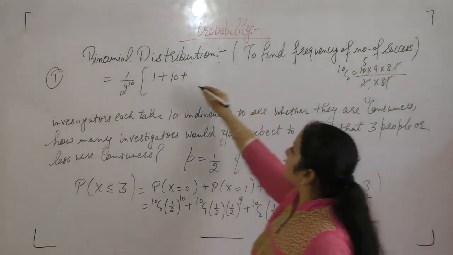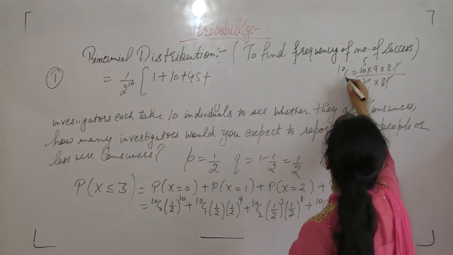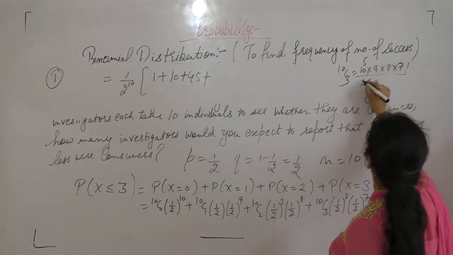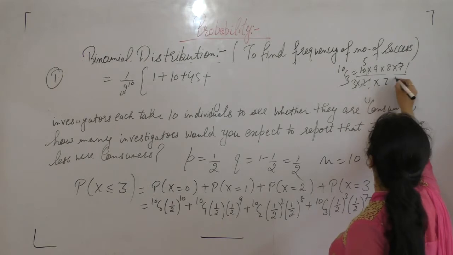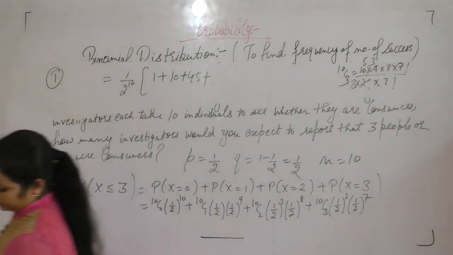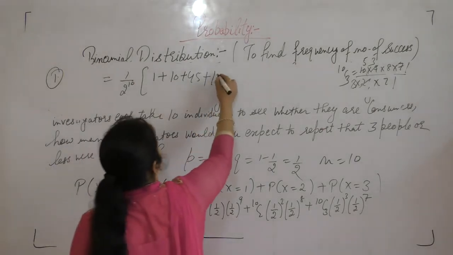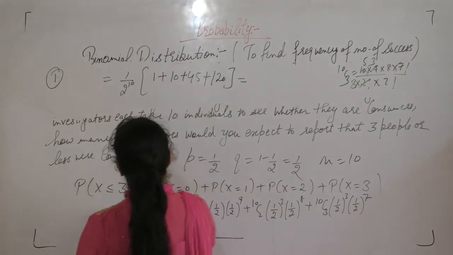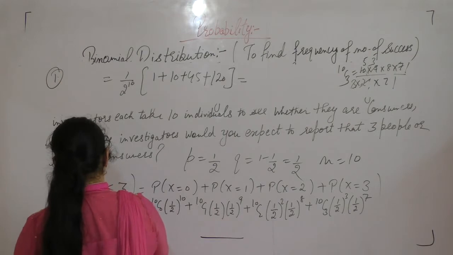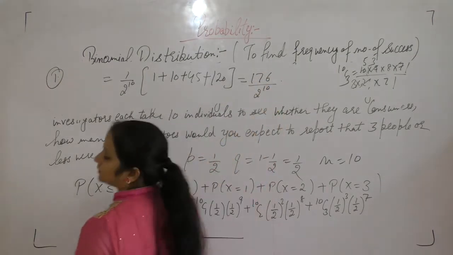So 9 into 5 is 45. 10C3 is 10 times 9 times 8 upon 3 factorial, 3 into 2, 5 into 3, 15, 15 into 8, 120. 120 plus 45 plus 10 plus 1, 176 upon 2^10.